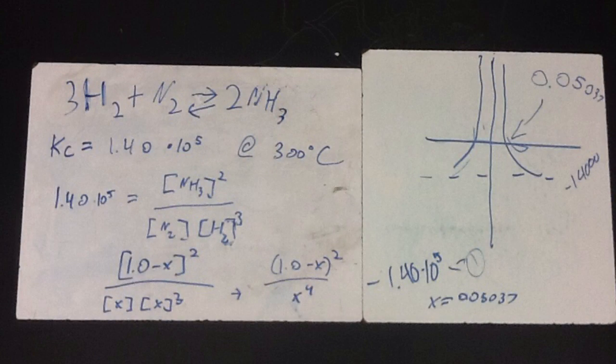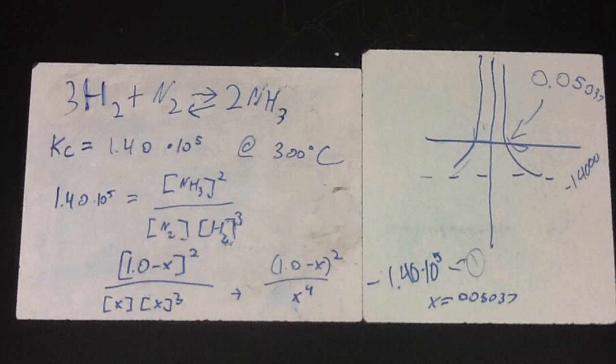Now, taking the expressions from the ICE table, we can plug them into the equation for Kc. Kc is the equilibrium constant, and that is assigned a number value usually, and here it is 1.40 times 10 to the 5th.